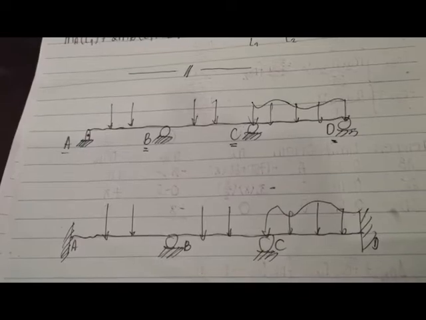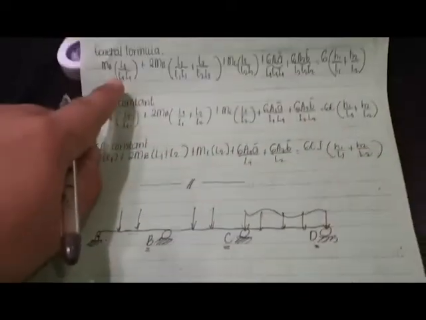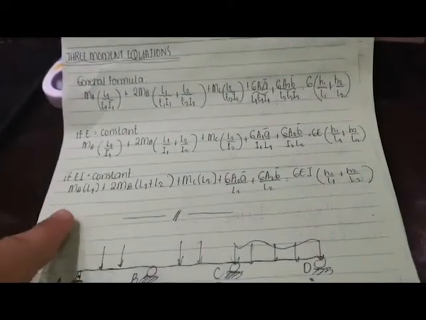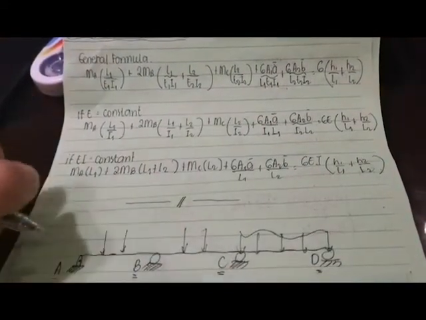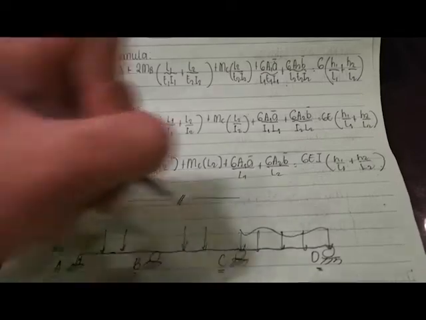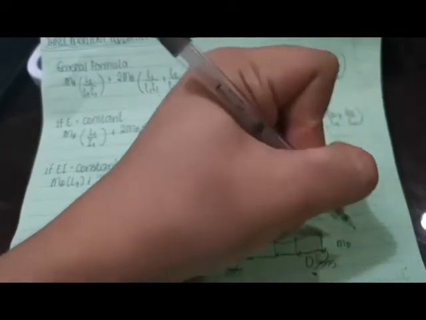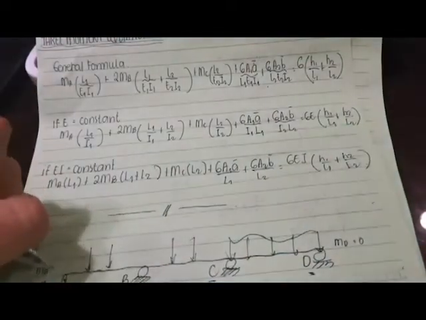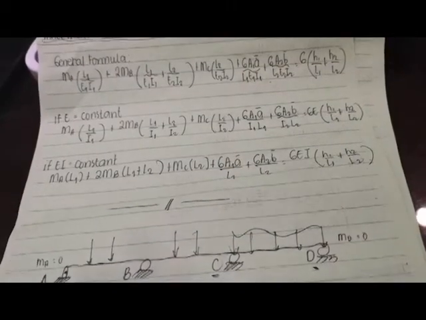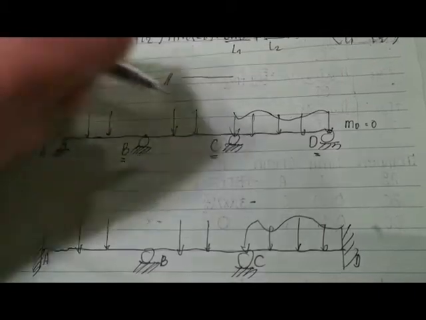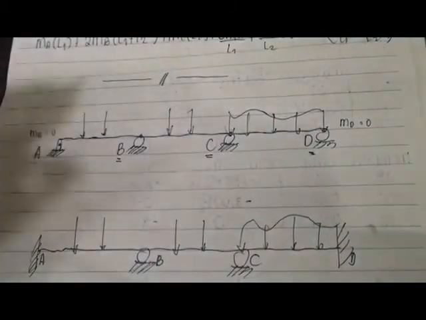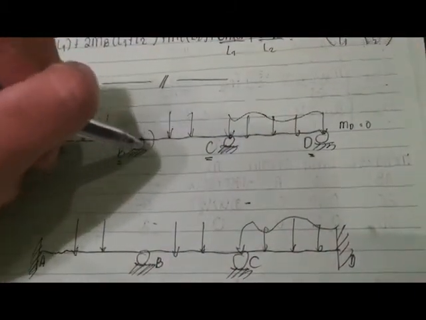So when we use the general formula, M sub A and M sub D are both 0. And we have values for the moments at B and point C.